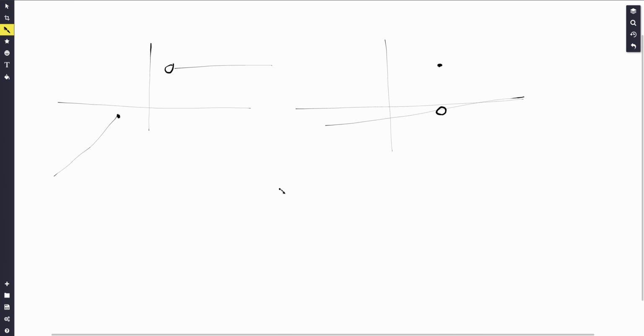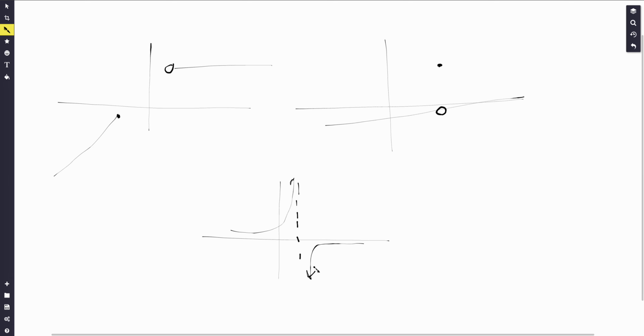And then you have the infinite discontinuity, where you have a vertical or horizontal asymptote that's making the function go on forever. It looks something like that.